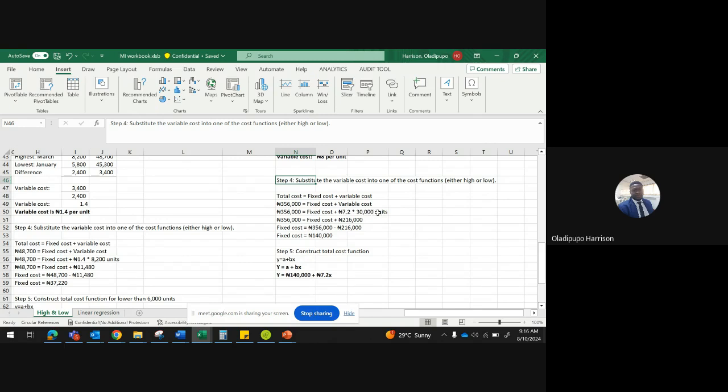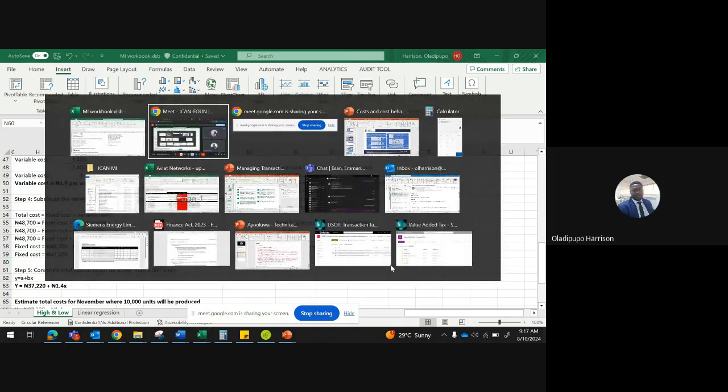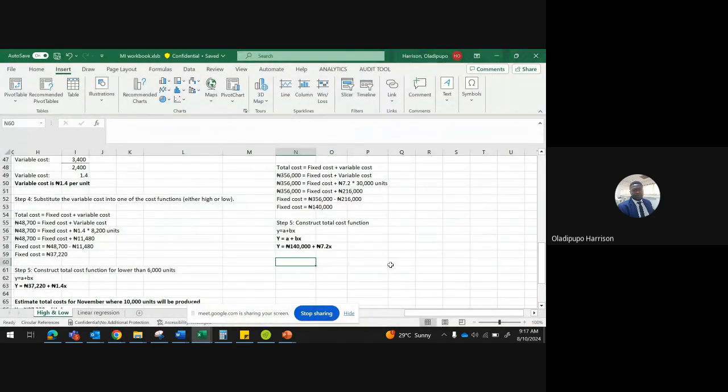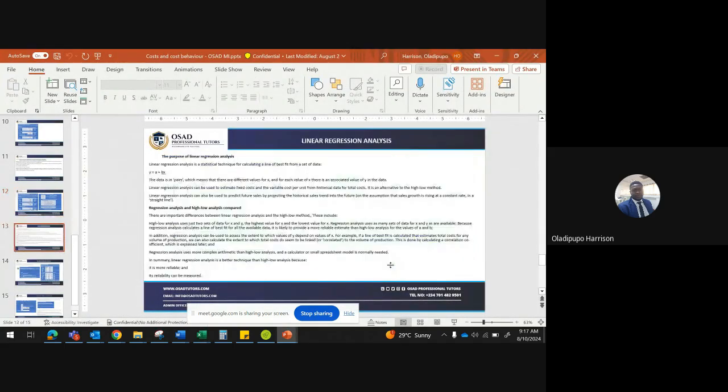Then you multiply by 20,000 units. You arrive at the fixed cost, and then you create the total cost function. Is that okay? I'm trying to. You're doing it already? All right. So that's understood, I believe.